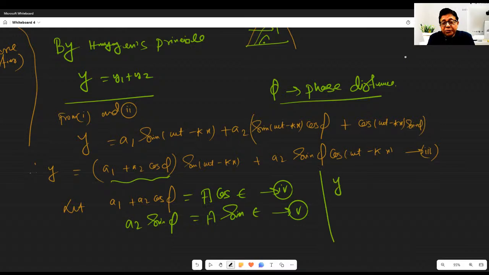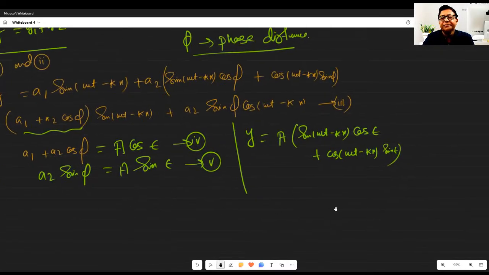Then y is going to be what? A sin(omega t minus kx) cos epsilon plus cos(omega t minus kx) sin epsilon.